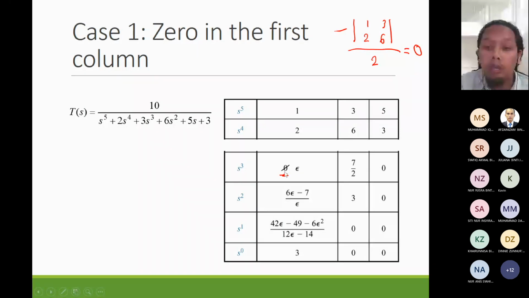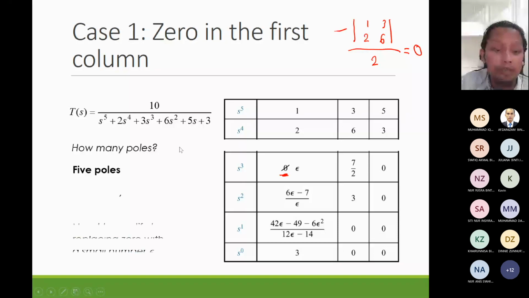When you encounter the first zero, what you need to do is, let's look at this first. How many poles are there in this denominator? You have s power of 5, meaning that you have 5 poles, or 5 values of s when the denominator equals 0.